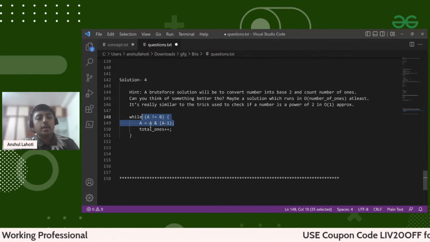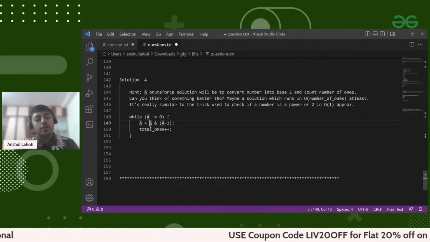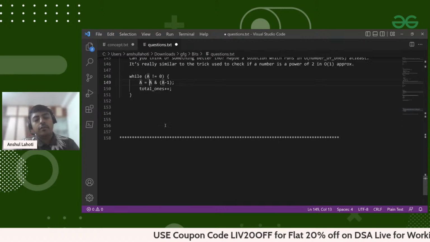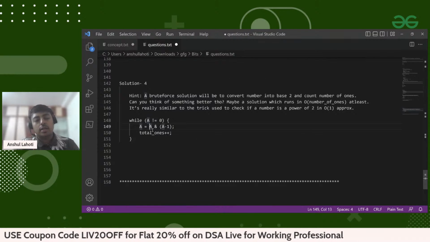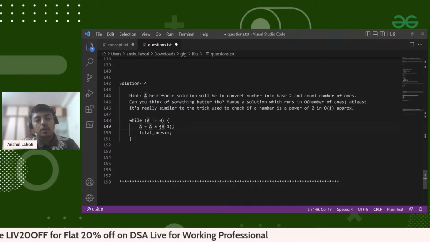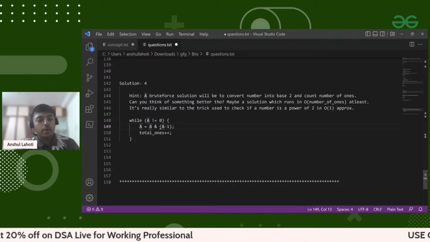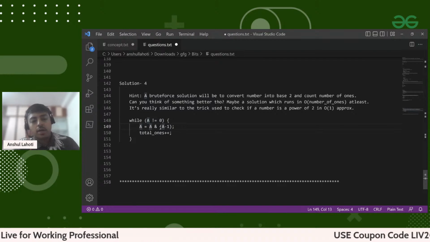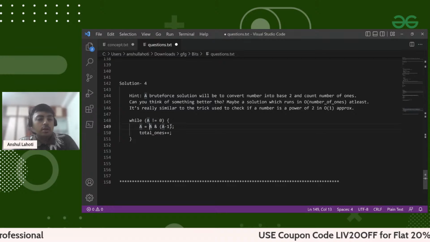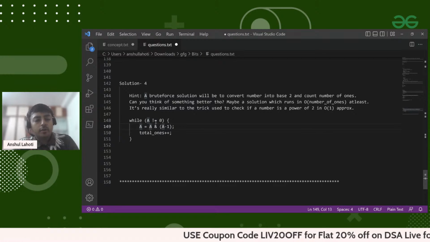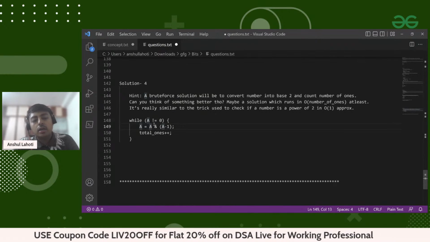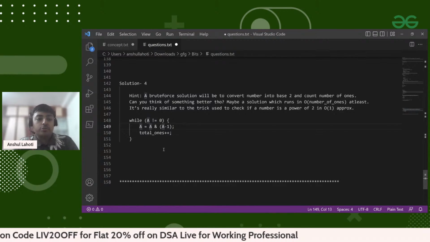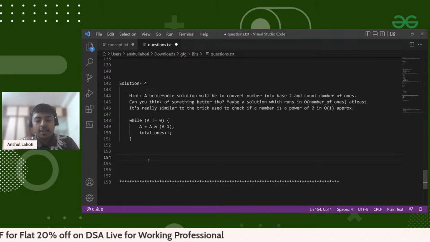Here you are just doing an AND of a number A with its one less than that number, and doing that until the number becomes zero, and you will get your answer. So this will be visible when you take an example.